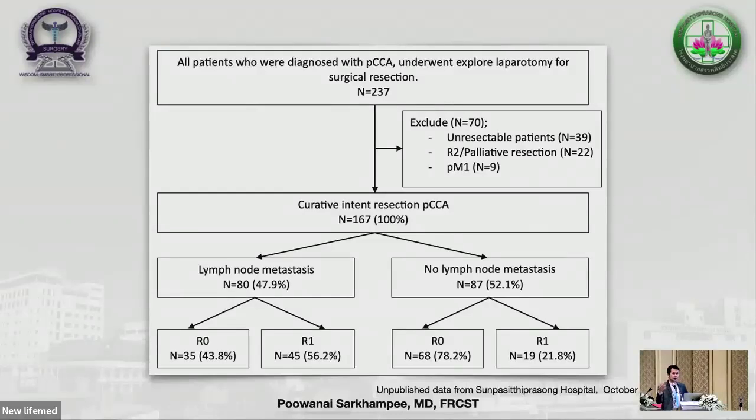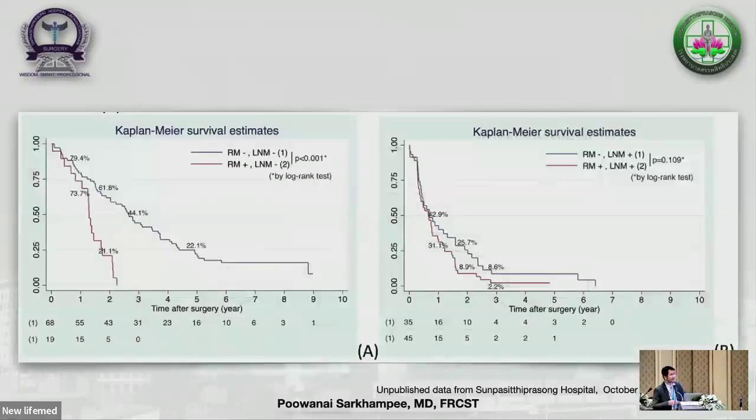Okay, now our data. Dr. Rich showed you in the morning that it's different, but when we include only R0 and R1, excluding R2 resection, it means only curative intent surgery, and we compare the data, we found that R0 in node negative patients is beneficial, but in node positive patients, it's not different.